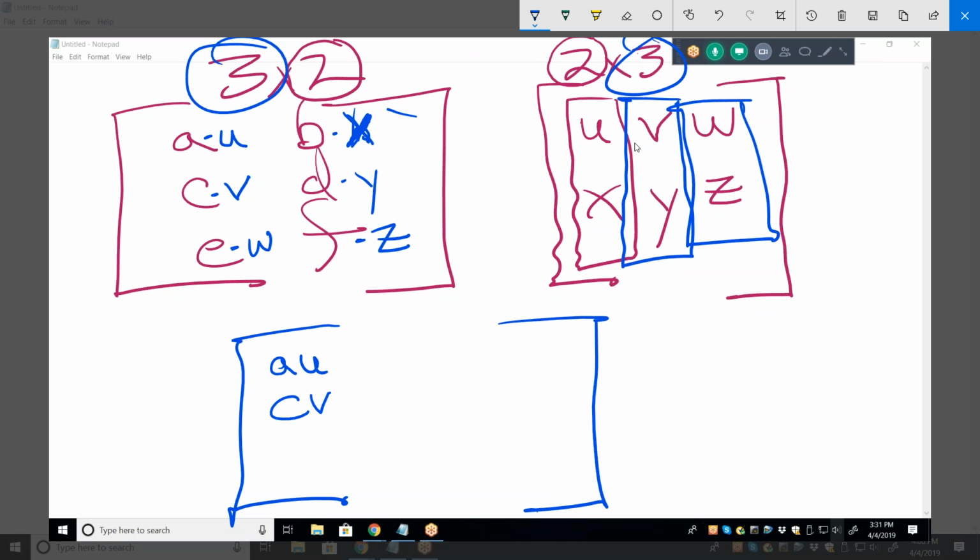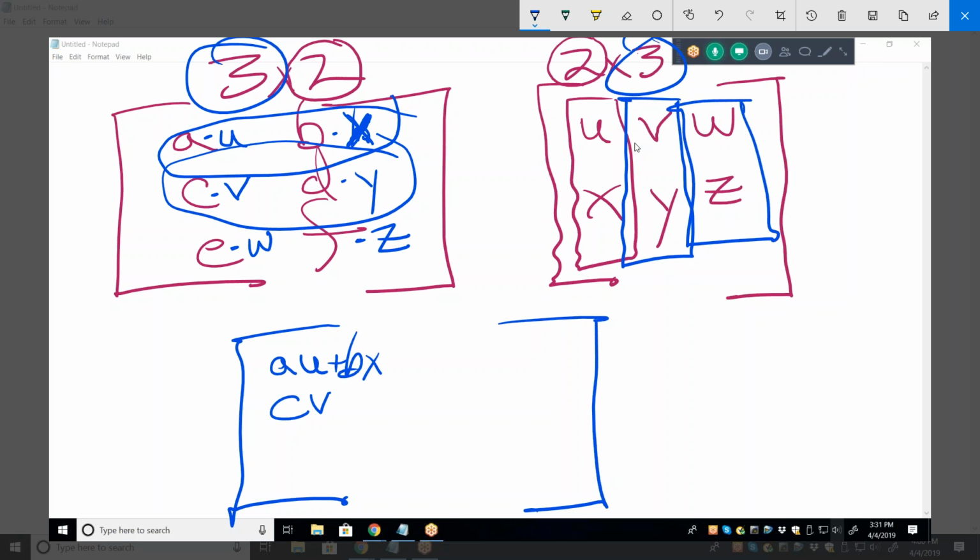First cell is that. The second cell is that. So it's AU plus BX. Second cell is CV plus DY. The third cell is EW plus FZ, and so forth and so on. In other words, the middle top cell is AV plus BY.